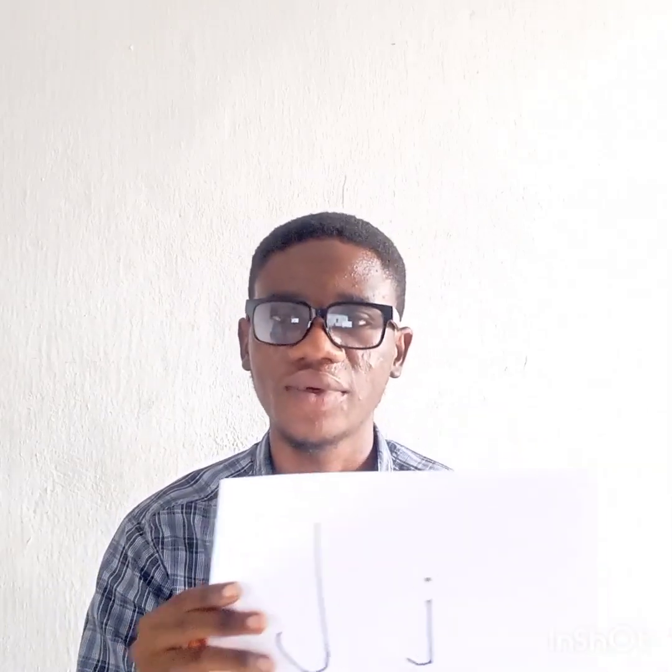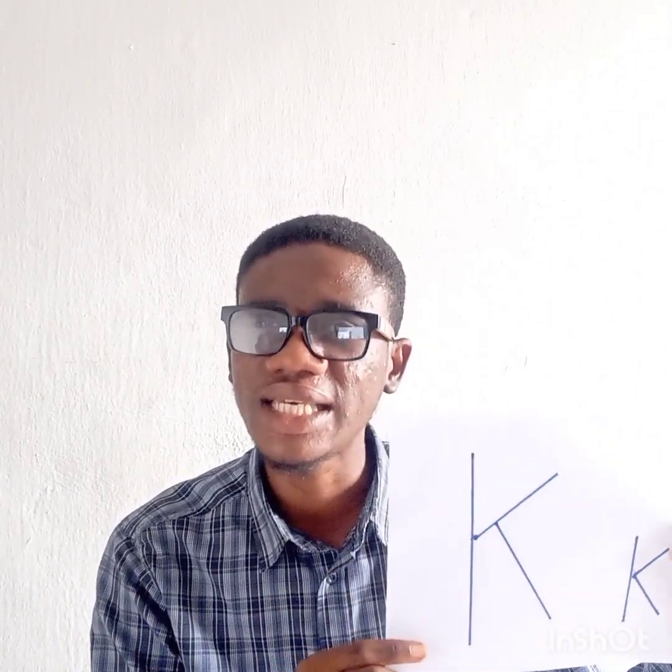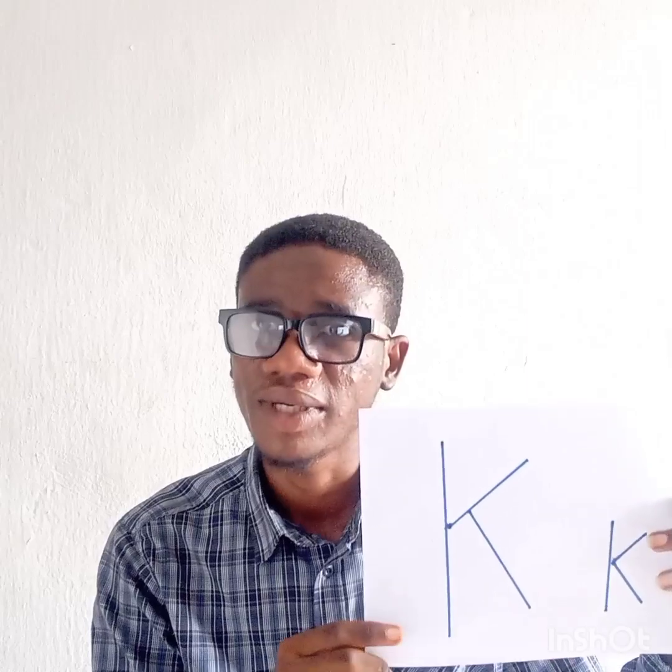Then you have J, and the sound is J, right? Then you have K, and the sound is K, again, right? Then you have L, letter L, and the sound is L.